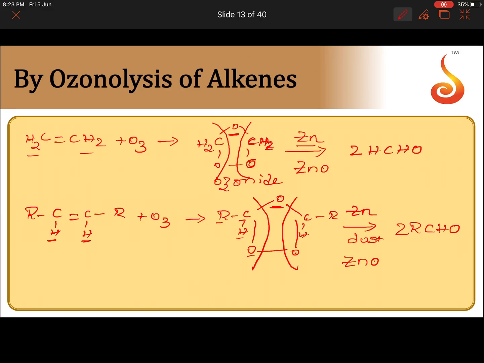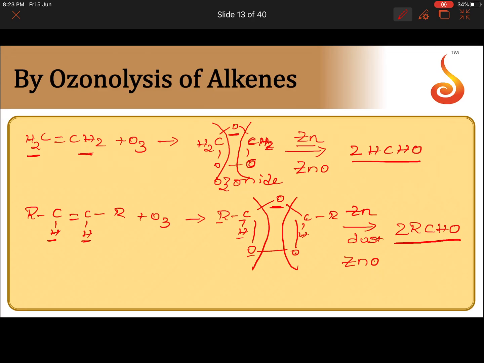If there is one hydrogen on the carbon forming the double bond, we will get aldehydes. If there are 2 hydrogens, meaning no alkyl groups on the carbon forming the double bond, you will get formaldehyde. So simple alkenes and terminal alkenes will form formaldehyde. Terminal alkene will form formaldehyde as one of the products.